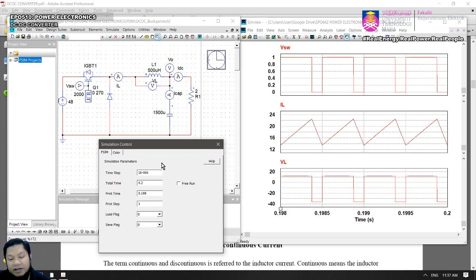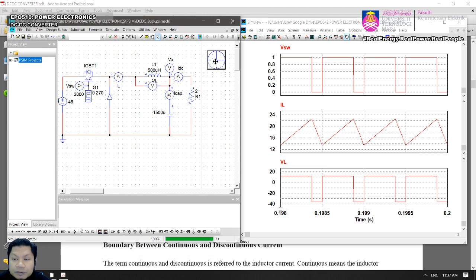If I run for a very short time, the circuit is most probably still climbing, and if you stop the simulation then, you will not get a proper output or circuit waveform. And we set print time 0.198 so that I can display 4 cycles.